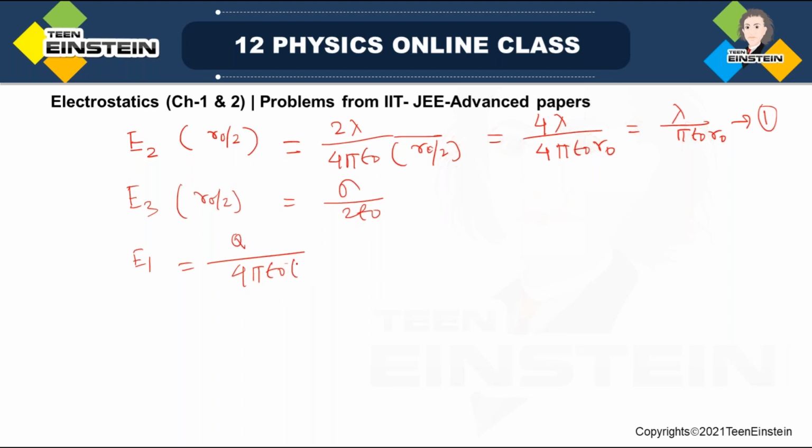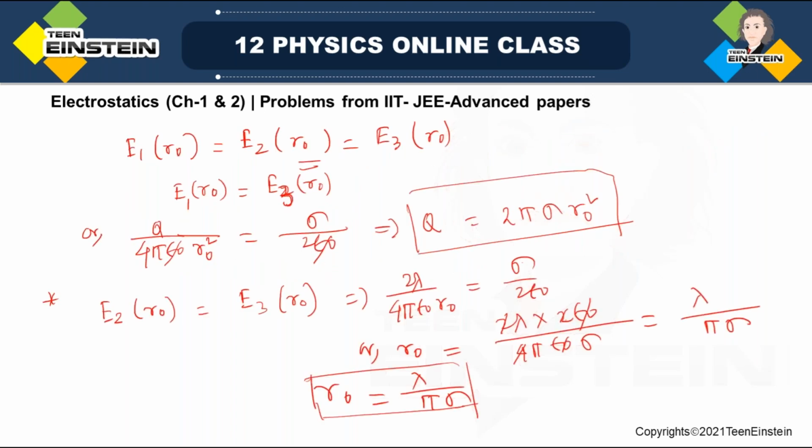So R0 by 2 means 4 will be in the numerator, divided by 4 pi epsilon naught R0 square. The 4 goes off, so we get Q by pi epsilon naught R0 square.